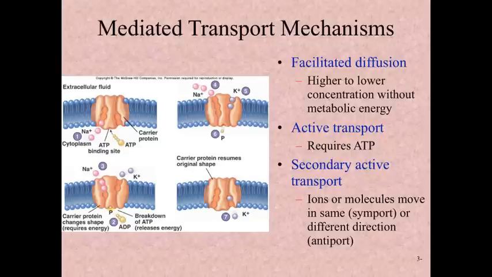This is the one that I described on the board last Friday, where you have a carrier protein that's embedded within the membrane, and ATP is going to be used to power this particular little pump protein. And this one moves 3 sodiums across the membrane and 2 potassiums across the membrane, but they go in opposite directions. So 3 sodiums get moved out, 2 potassiums get moved in. And this is a mechanism that the cell uses to concentrate sodium outside the cell and to concentrate potassium inside of the cell.